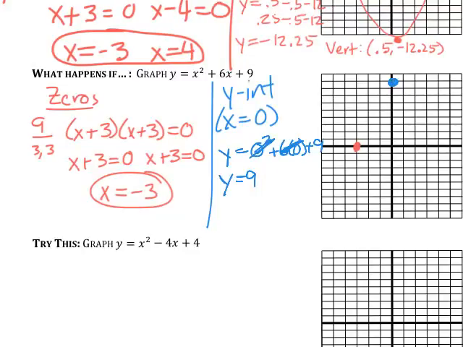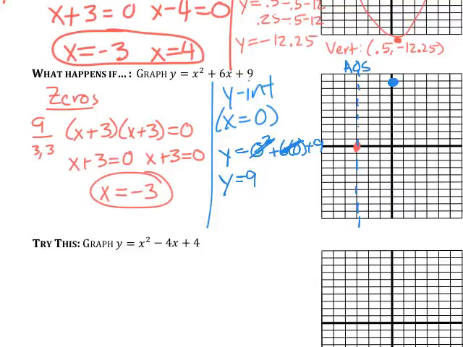Okay, and then we briefly talked last time about something called the axis of symmetry. Symmetry obviously means the same on both sides. So the axis of symmetry on any quadratic always runs through the vertex. So I'm going to just make my dotted line, which represents the axis of symmetry, going through the vertex. So this is the axis of symmetry.